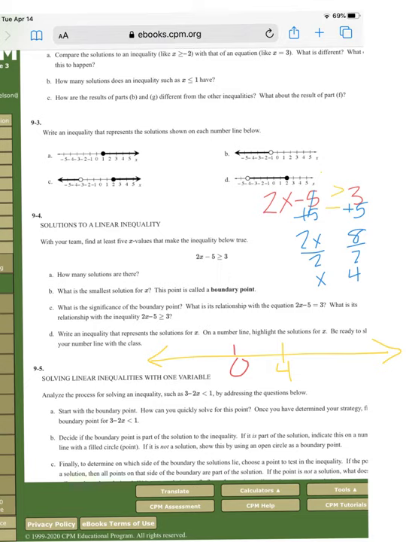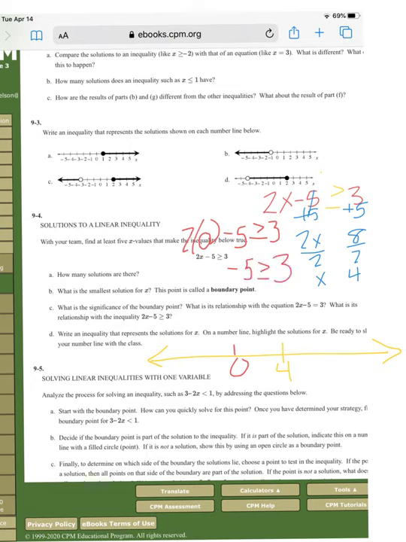If I put 0 where x is, then I would have 2 times 0 minus 5 is equal to or greater than 3. 2 times 0 is 0, minus 5 is negative 5, so I have negative 5 is greater than or equal to 3.